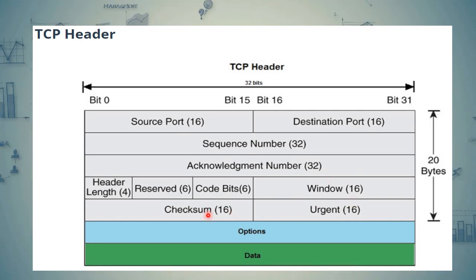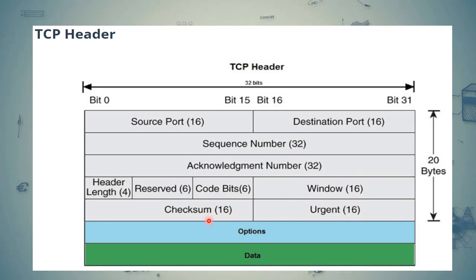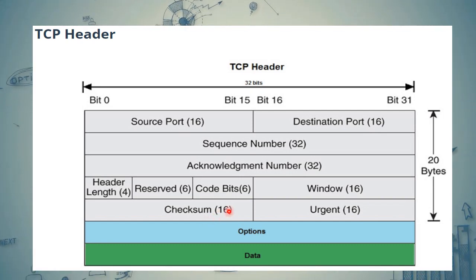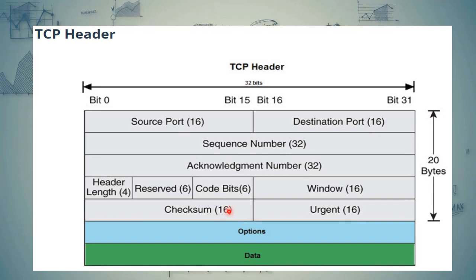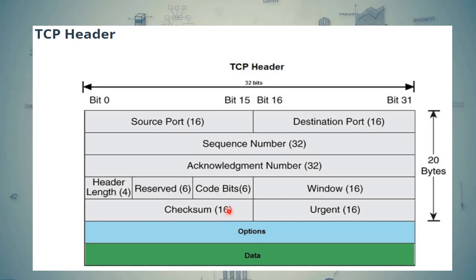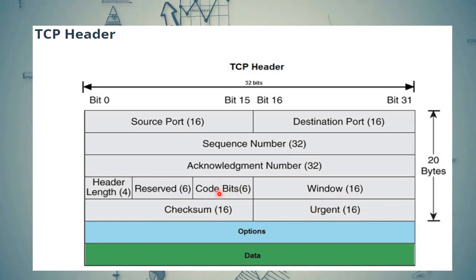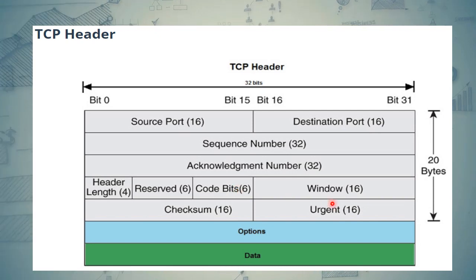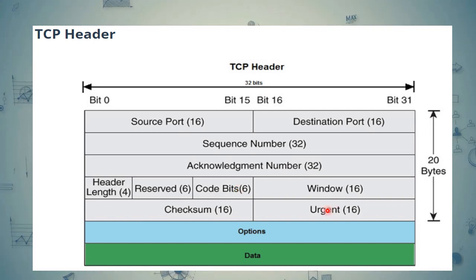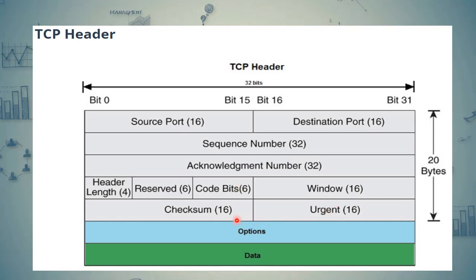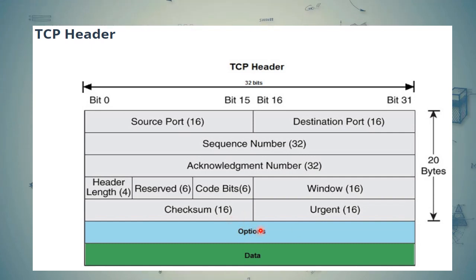Checksum is like CRC. We have seen in the Ethernet header where we can see CRC for any errors, for checksum. Okay, and urgent pointer. To use this urgent pointer, the urgent bit should be set to 1, then only the information is sent immediately. Options are optional, and the TCP header size varies depending on the options field.